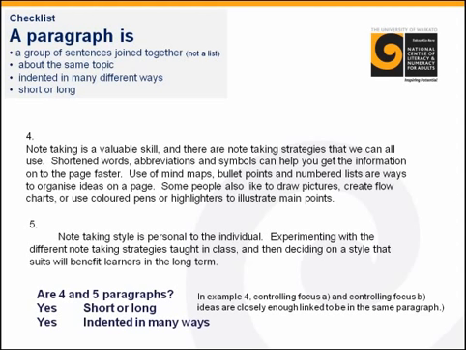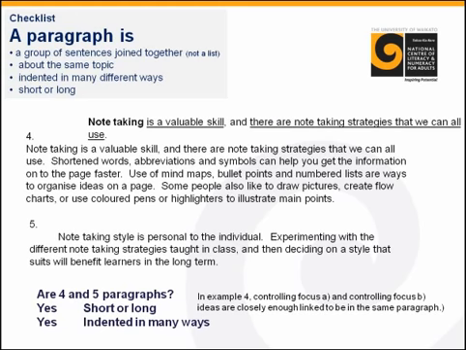Notice that in example 4 we have controlling focus A as a valuable skill, controlling focus B, there are note-taking strategies we can all use. These ideas are closely linked enough to be in the same paragraph.